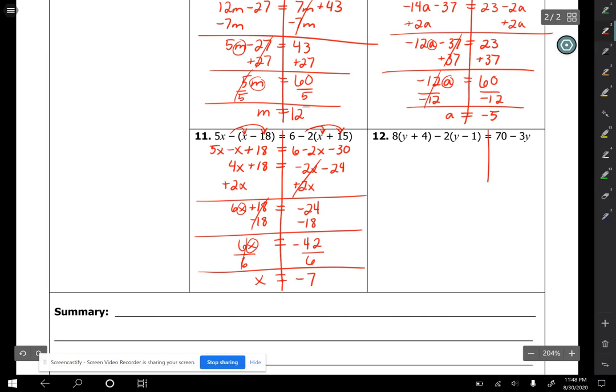All right, last example, number 12. Again, this one's going to require me to distribute twice. 8y plus 32 minus 2y plus 2 equals 70 minus 3y.